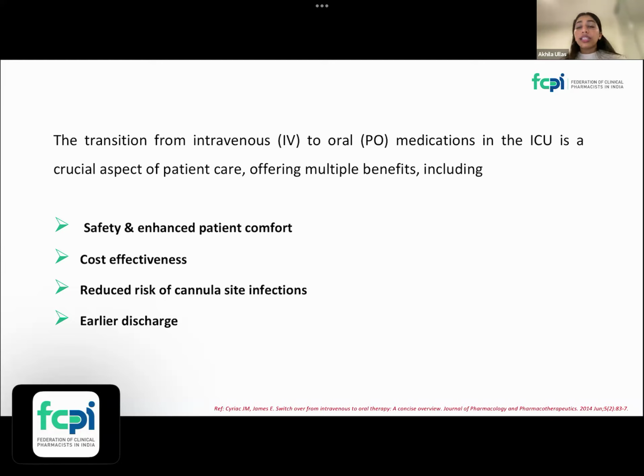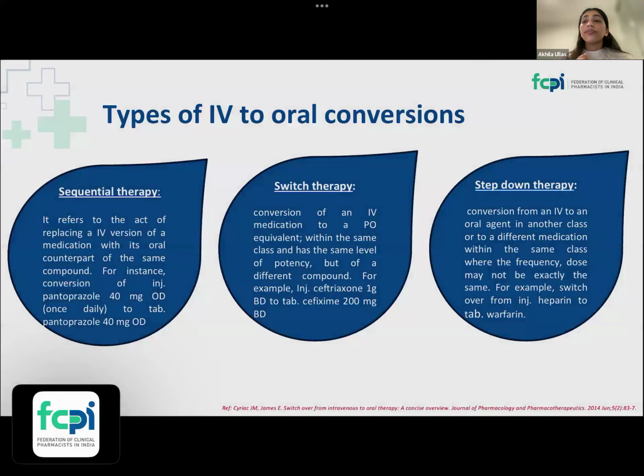Cost effectiveness: whenever you compare the IV formulation with the oral formulation, the oral formulation may cost a lesser amount, and you reduce the risk of cannula site infection, and the patient can get early discharge from the hospital or early discharge from the ICU to the ward. So these are the main advantages when you are switching from IV to oral medications.